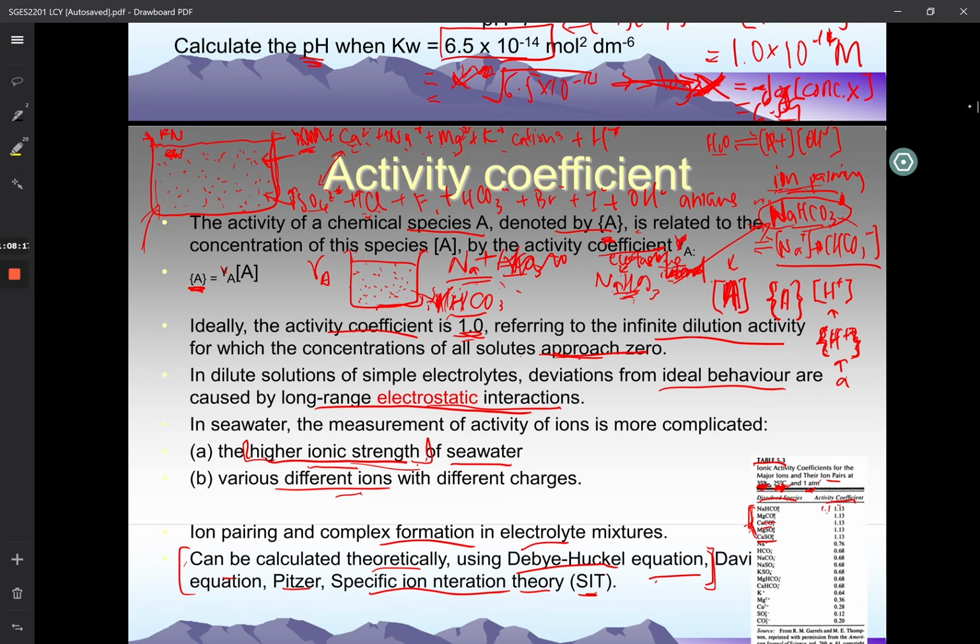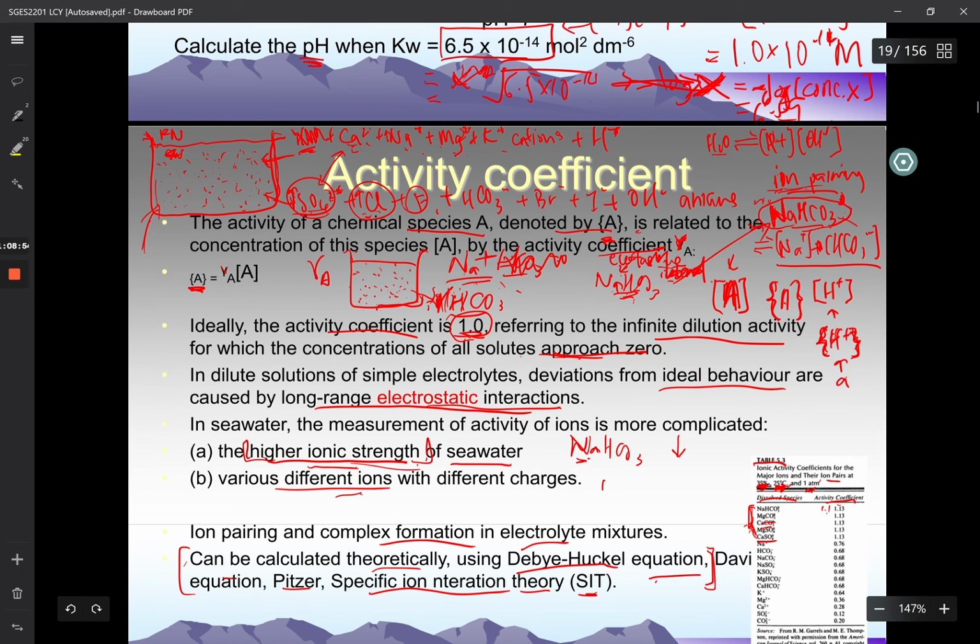So activity, just to recap, means the activity of the free ion. If it binds with some other anions, the activity will decrease. For example, for sodium, if it binds with HCO3 and there is a lot of this in the solution, then the activity will decrease.